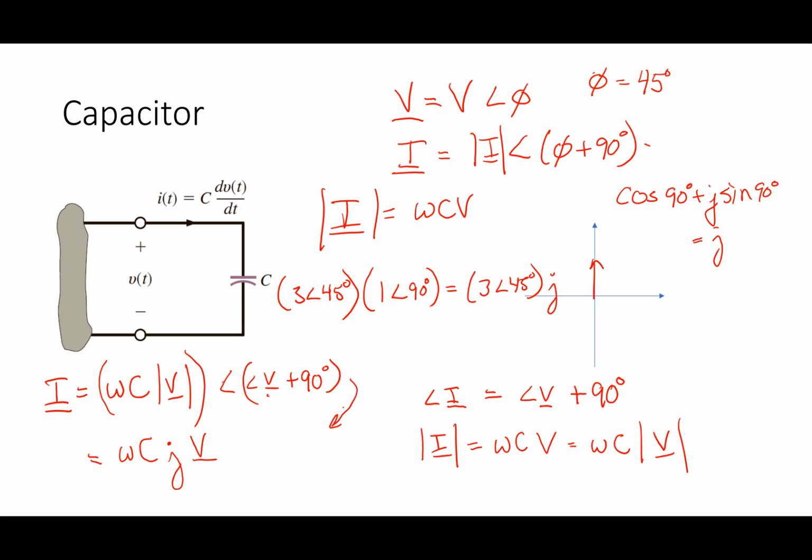But suffice it to say, when I look at that relationship, I put that in parentheses like that. If I bring that over, it looks like I have I times 1 over j omega C is equal to the voltage phasor.